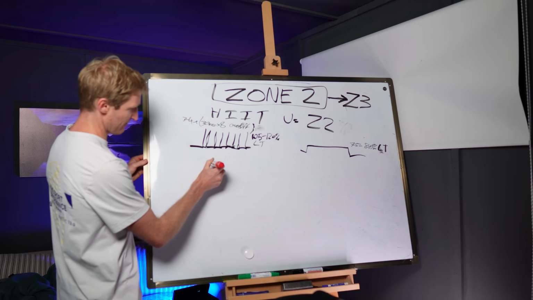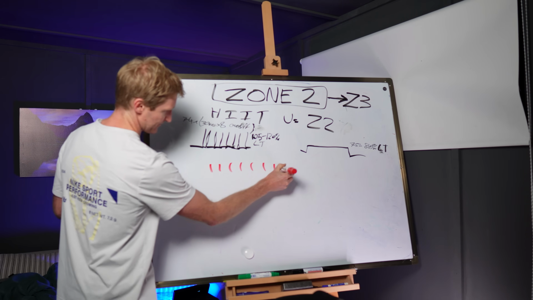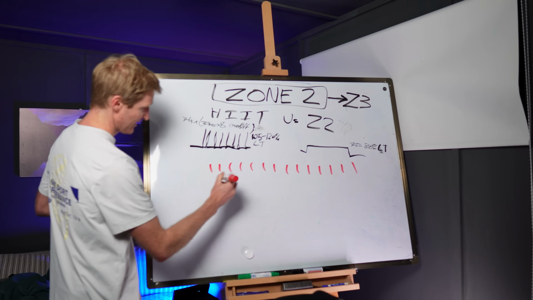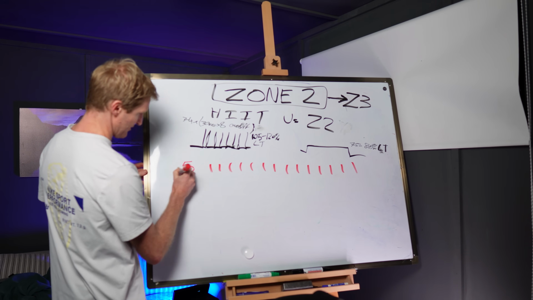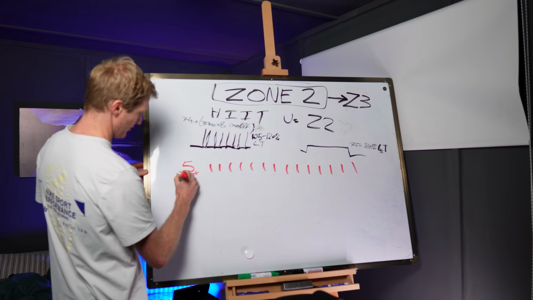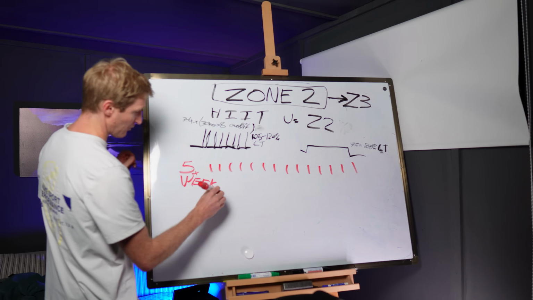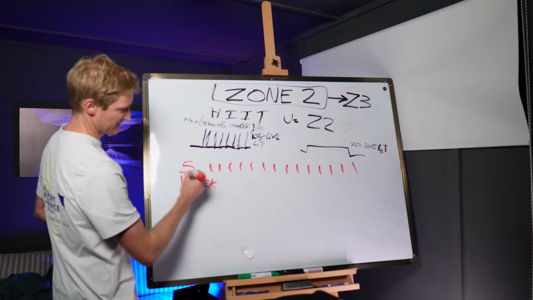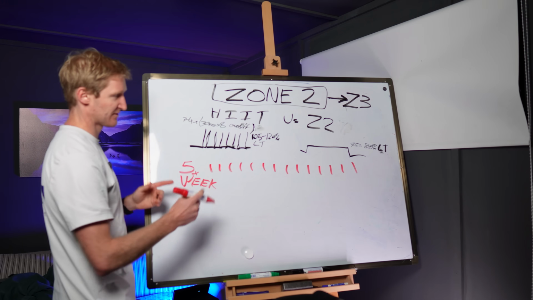So if we have a continuous dose of zone 2 running, and say this is weeks, and we have 5 times per week, we are getting an aerobic zone 2 stimulus. So all of these weeks have 5 times aerobic stimulus.